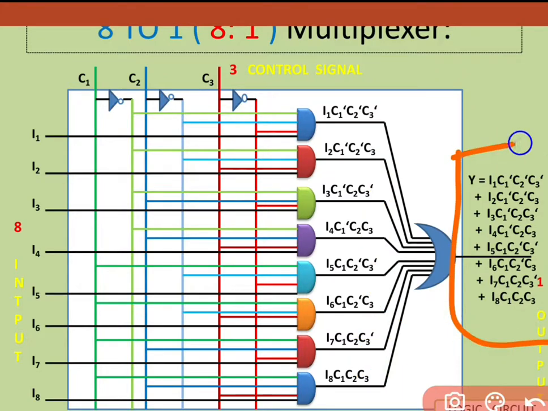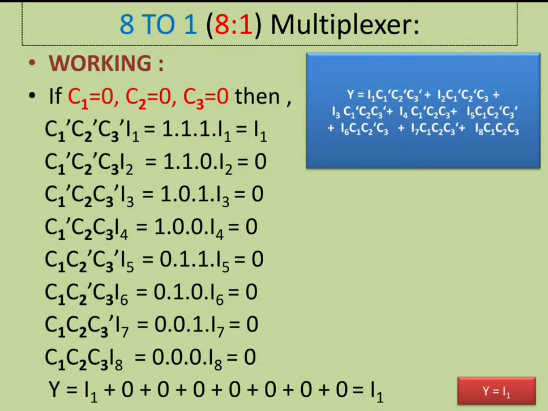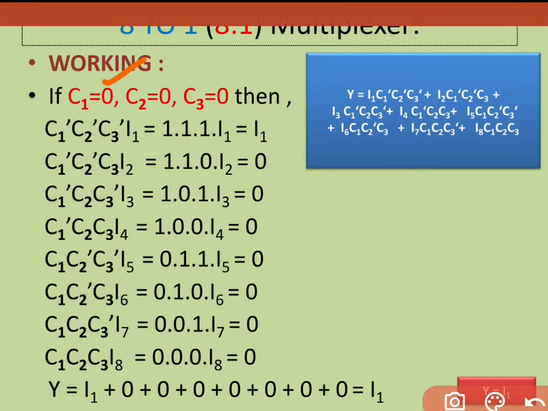Equation is in front of you all, and see the working I am showing you. When we are forwarding 0, 0, 0, we are having our equation. I'm putting one by one in each and every situation. We are providing values. See, we have to provide this 0 to C1 dash.